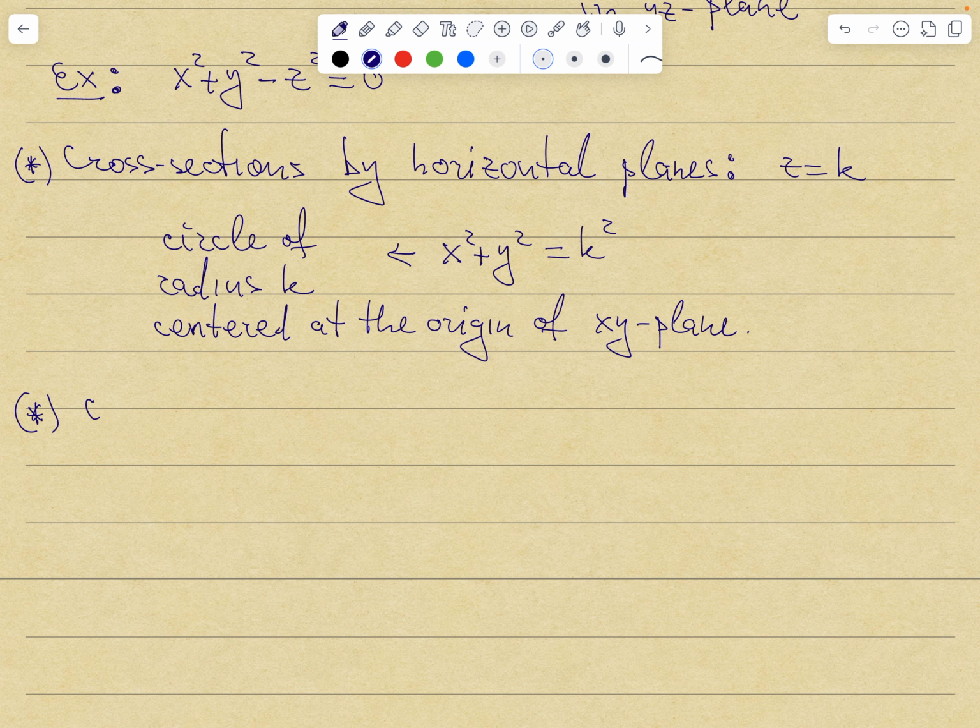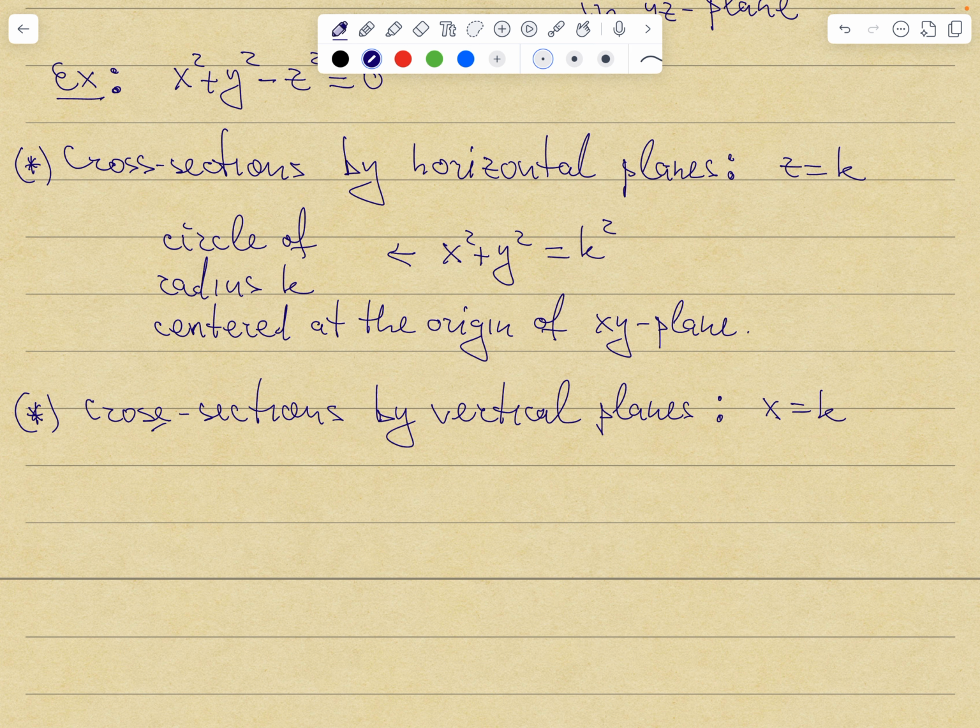So now let's look at cross sections by some vertical planes. In particular, I'm going to look at the planes x equal to k, right?